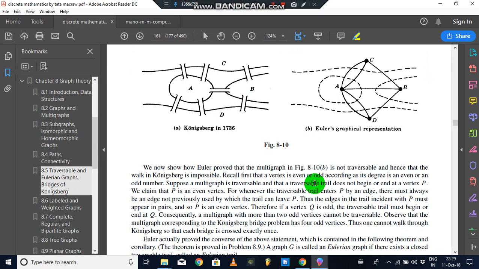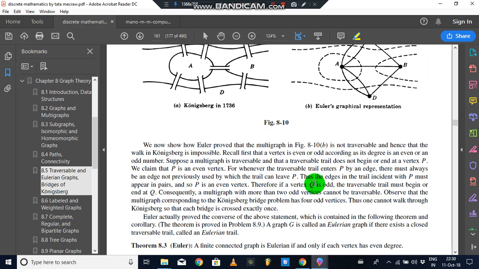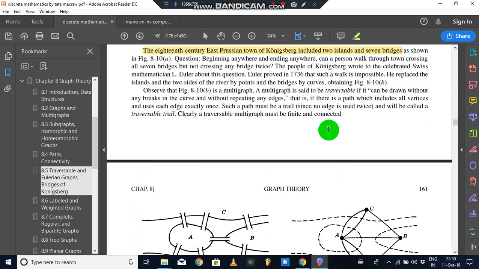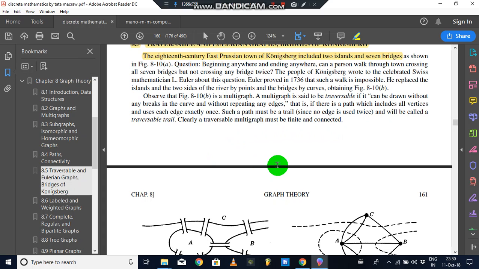So what you see here, Euler proved that the multigraph is not traversable and hence that a walk in Konigsberg is impossible. What does this problem say? What is the deep idea of this problem?